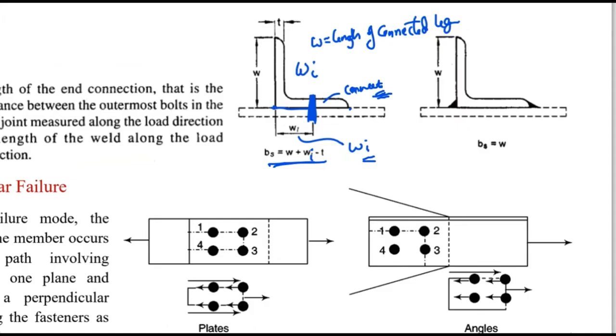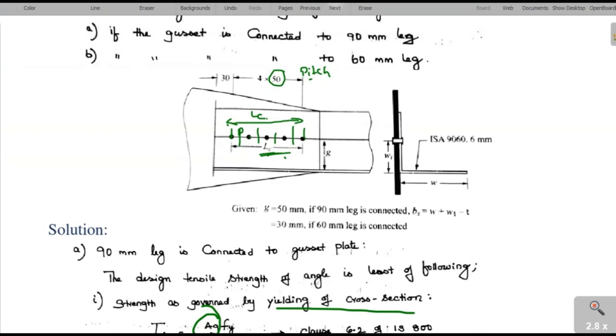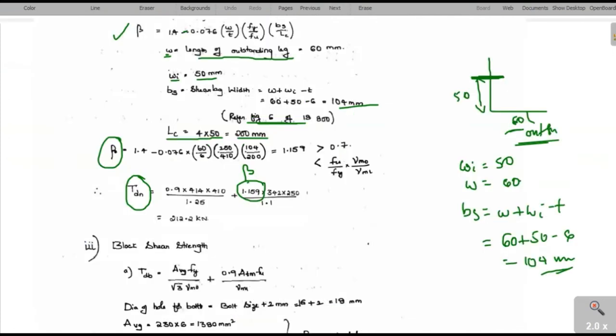Okay, in this case. So now let us see this here. So you know that W is 60, T is 6, Fy and Fu are the yield strength and ultimate strength of the angle section, and Bs is 104 and Lc is 200. On substitution, 1.159 is the value.